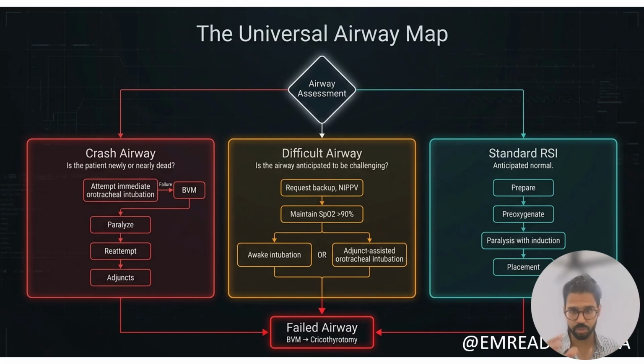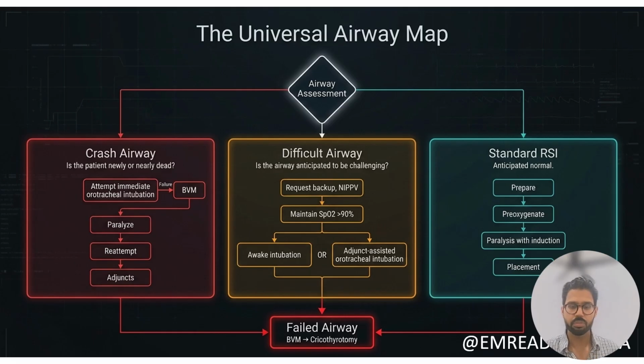This is the crash airway. We go next to the difficult airway, which is kind of an in-between the standard rapid sequence intubation and the crash airway. So you'll see a lot of this, and a lot of questions are going to be focused on what's a difficult airway and how do you manage it.